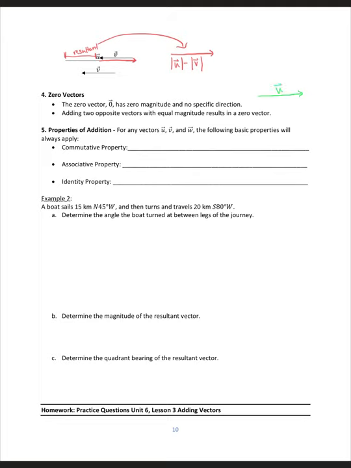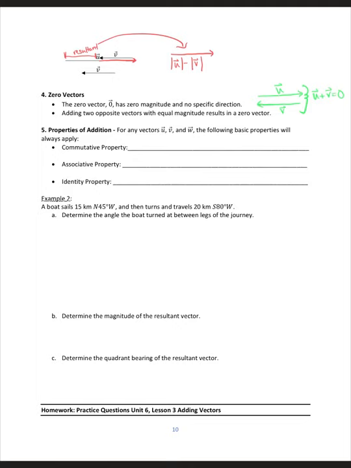And then we have a vector going the opposite direction that has the exact same magnitude, right? Same magnitude there. Then when you add them together, v basically takes away all the magnitude of u. They essentially cancel each other out. It'll be 0.